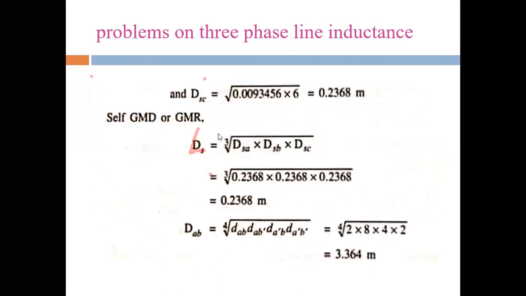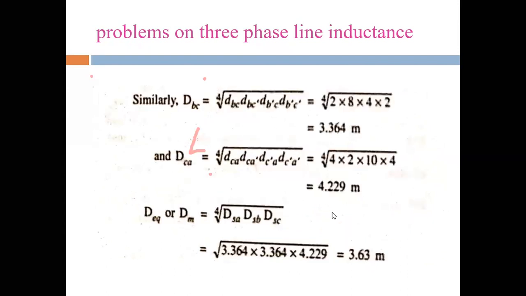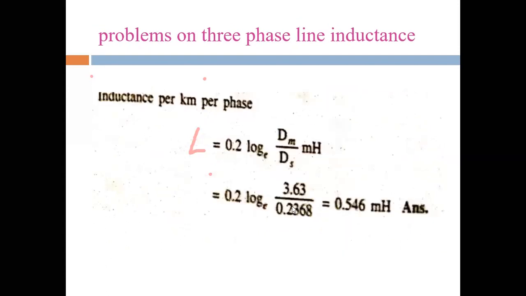Okay, what is that Ds? Ds is equal to 0.2368. So 3.63 by 0.2368, that is equal to 0.546 millihenries. Okay, this is the calculation of the inductance when the two conductors are arranged in horizontal plane.